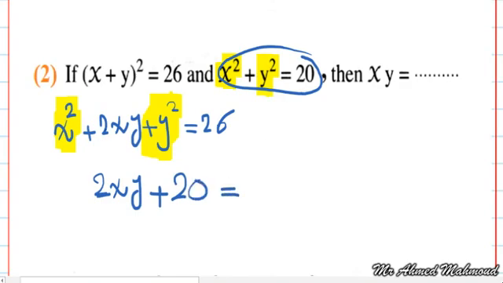Then I drop down the plus here. Okay, and I will drop down 26 from the previous step.